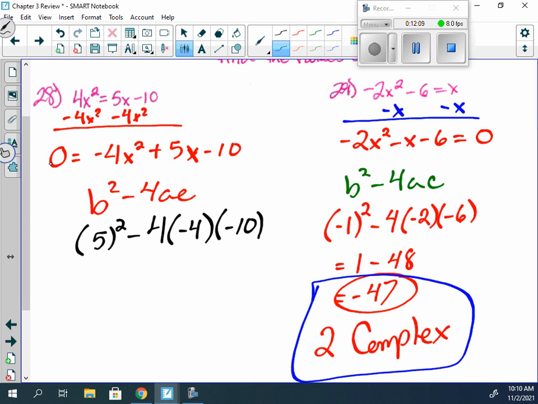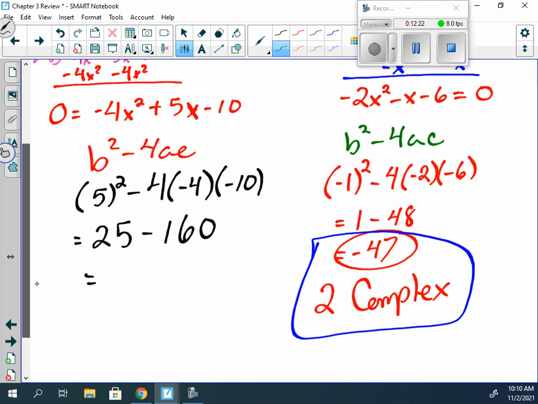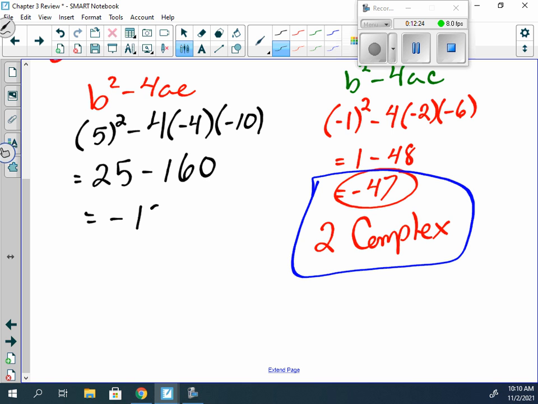Here, if we went on and simplified this, well, that would be 25 minus 160, which gives us negative 135, so we have 2 complex solutions. And that's it. Questions on this here?